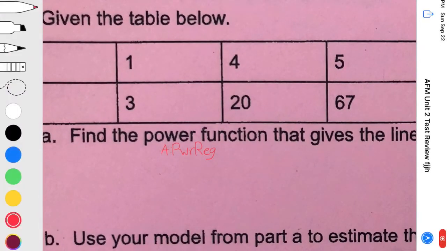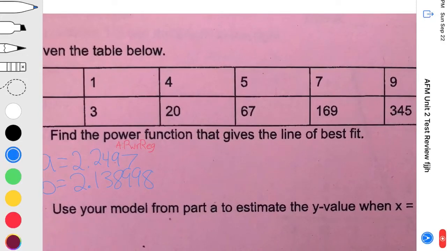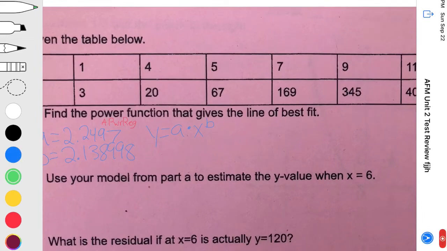So my A, let's see if blue shows up. My A is 2.2497. My B is 2.138998. So I'm creating my equation. I'm substituting my A and my B into the equation y equals A times x to the B. So I would get y, I cannot see that.